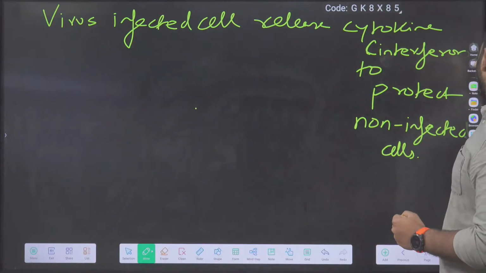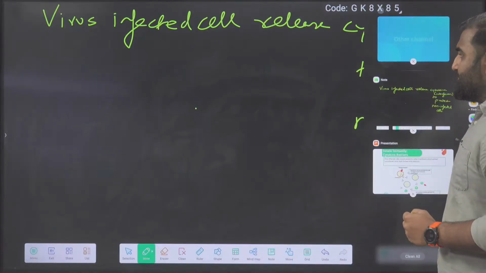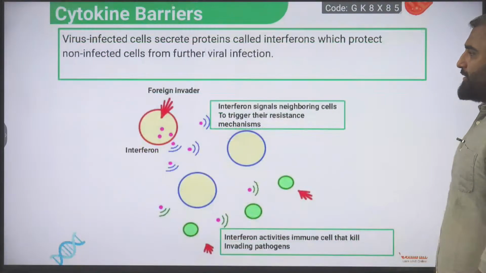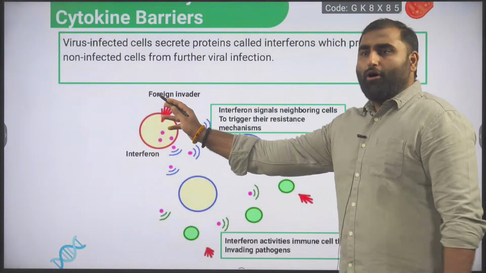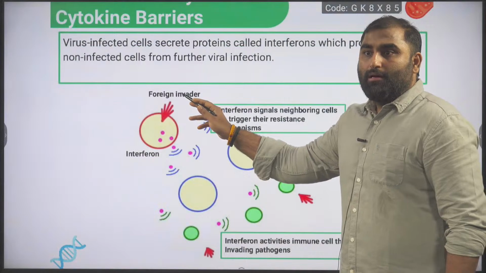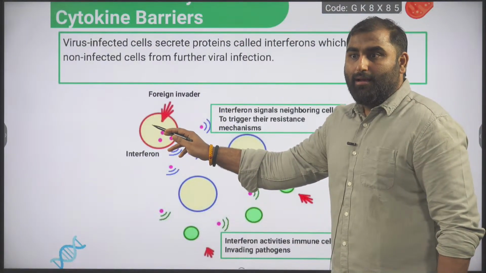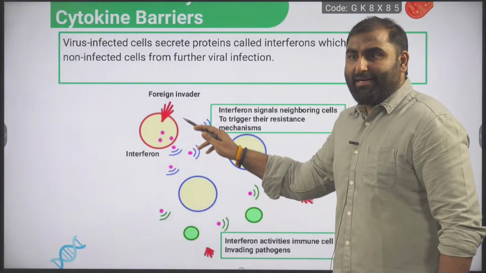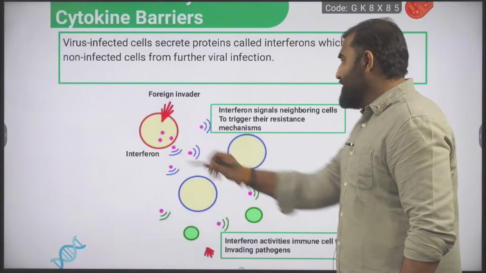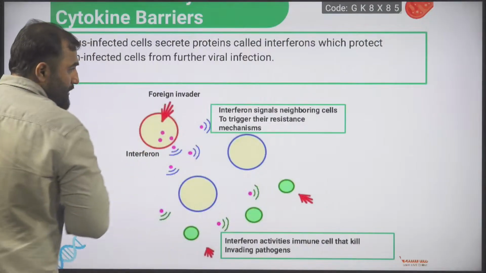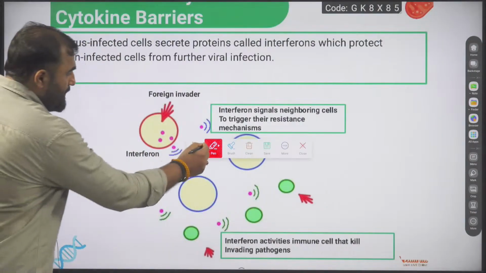So we will see what is written on our slide quickly. If you notice this flow chart, this is the foreign invader, the pathogen. It will enter one cell. See, this cell is infected. Pay attention, guys.